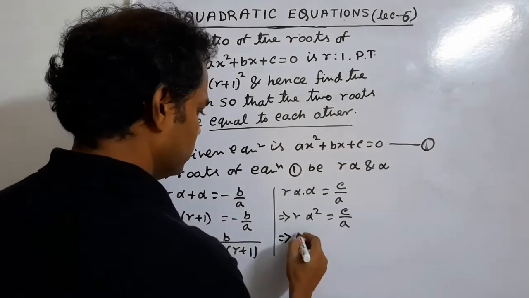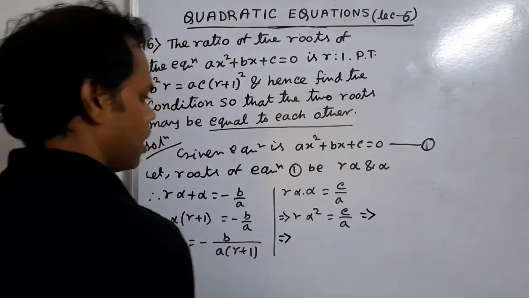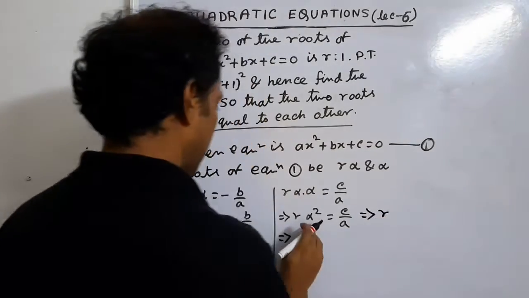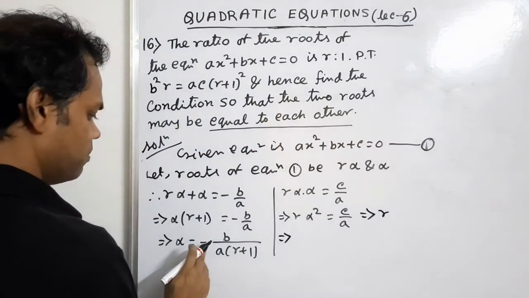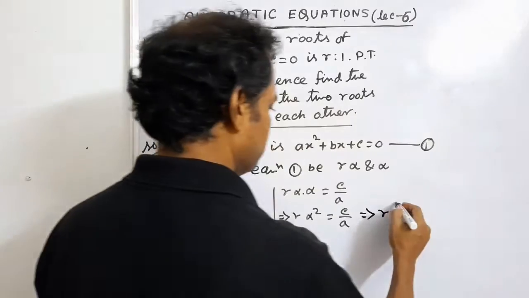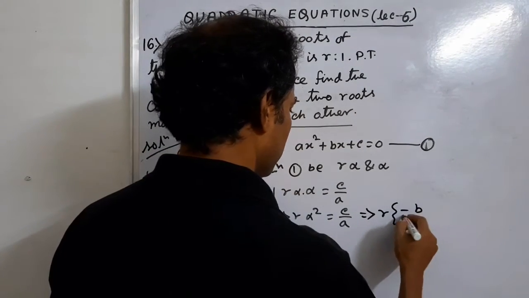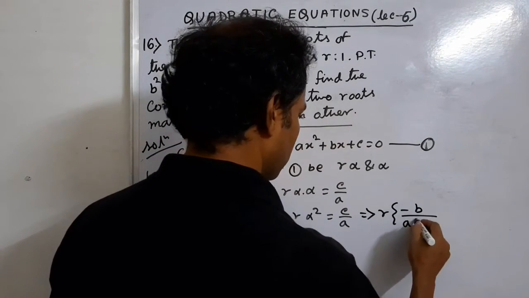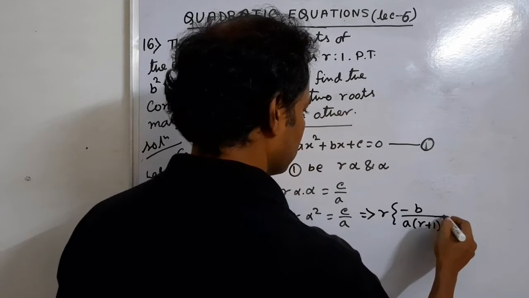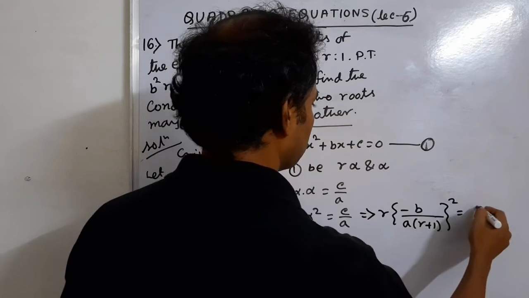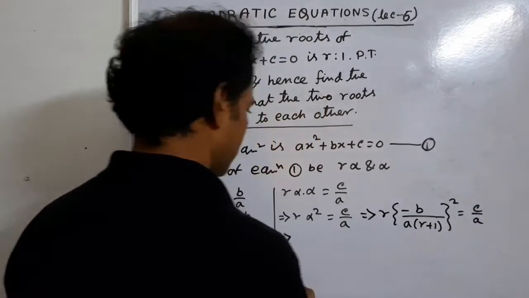Here we put alpha replaced by minus b by a into r plus 1. So minus b by a into r plus 1 whole square, this one equals c by a.